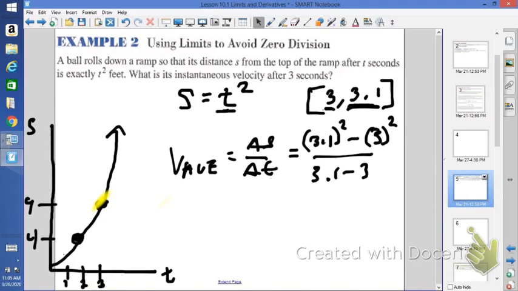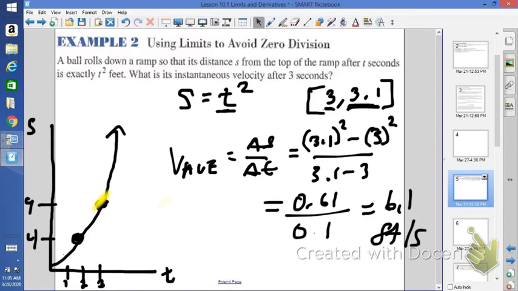When we solve this, we're going to get 0.61 all over 0.1. So it's going to give us 6.1 feet per second. Alright, so that's our average velocity.